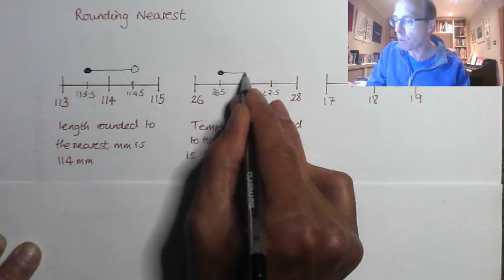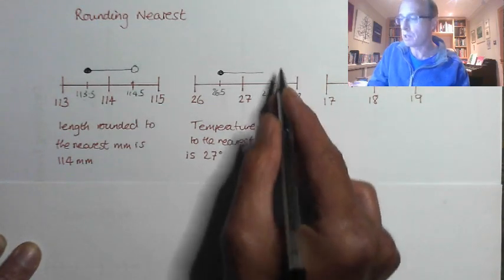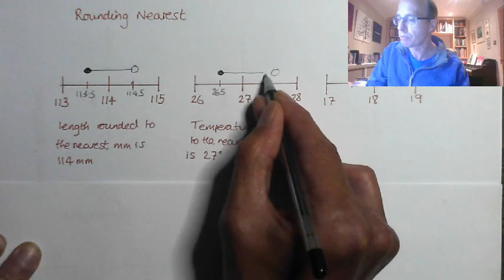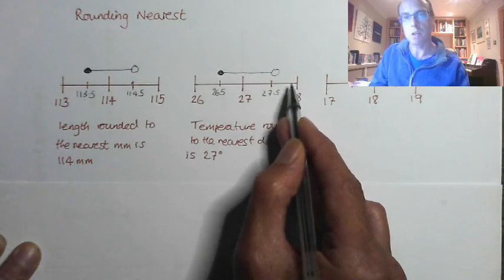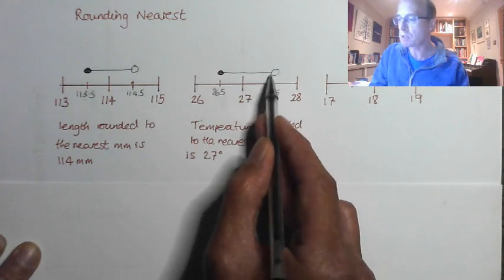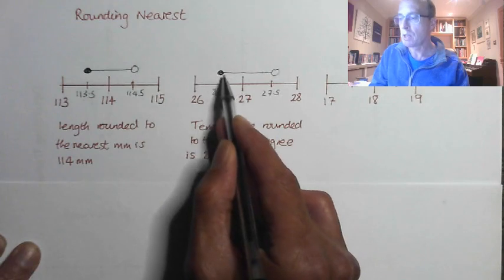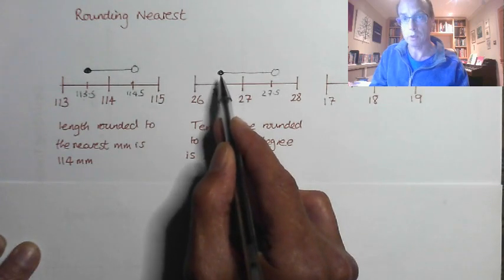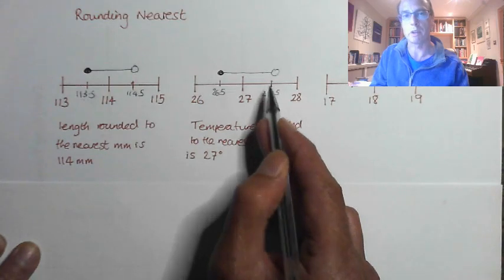Then I want to include all of the values up to, but not including 27.5. So 27.5 will get rounded up to 28. Don't want that value. Anything just a little bit smaller than that will get rounded down to 27. So all of the values from 26.5, including 26.5, up to, but not including 27.5.